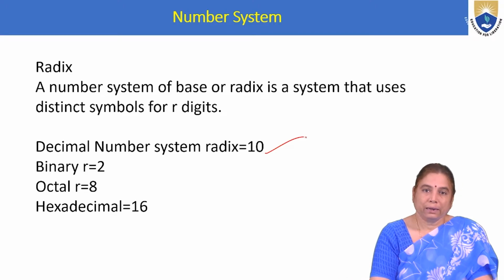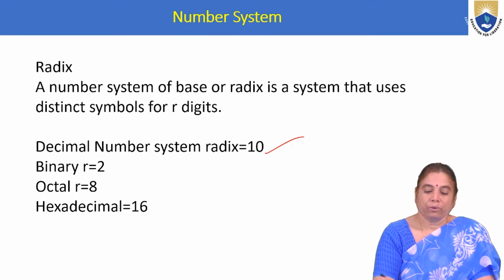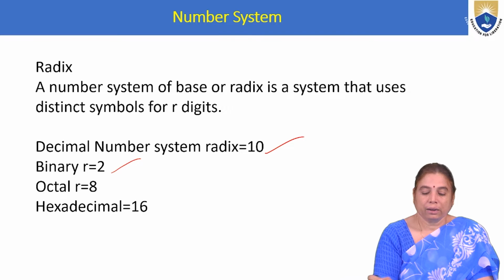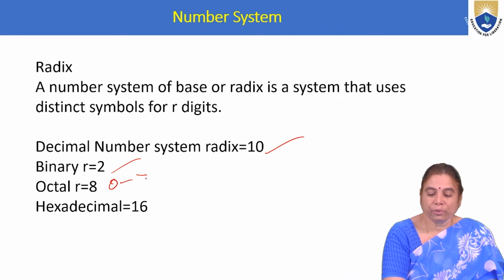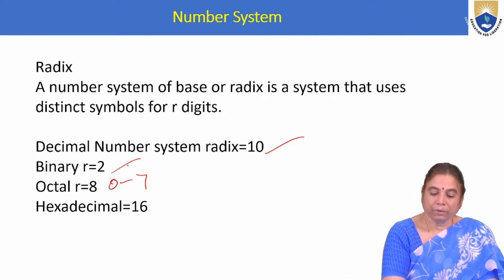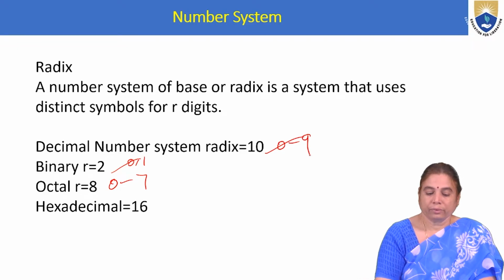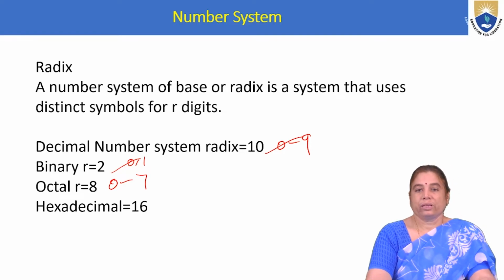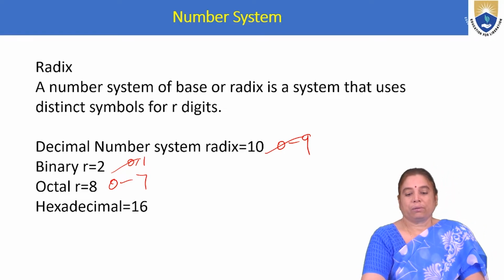In the binary number system, 0 and 1 are used, so the base is 2. In the octal number system, digits 0 to 7 are used, so the base is 8. In the hexadecimal system, a total of 16 symbols are used to represent.